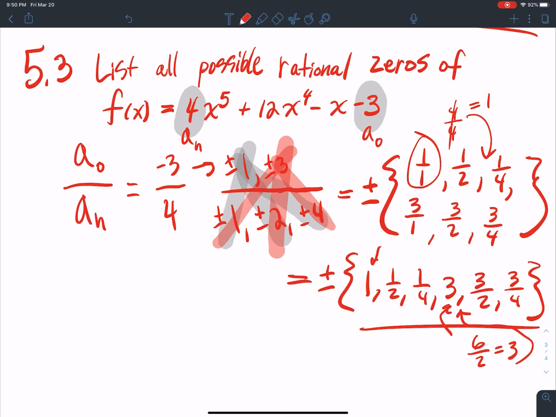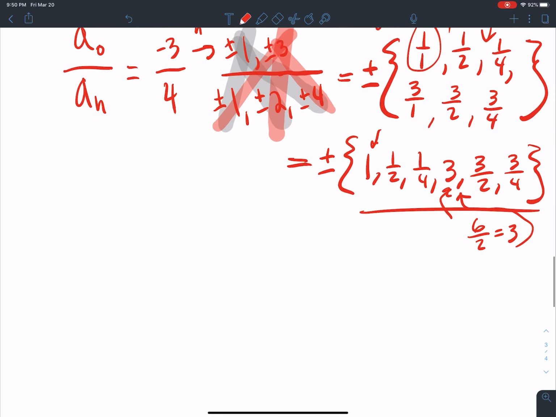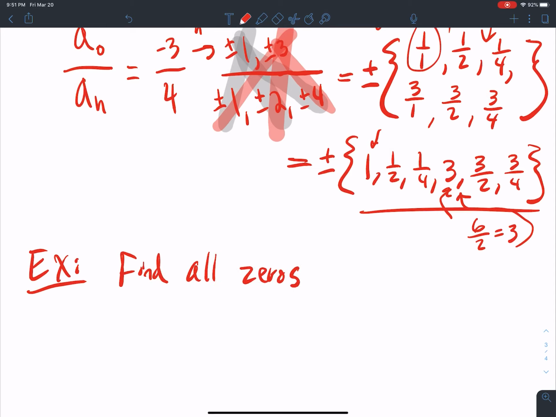Okay, so another type of problem. I want to find all zeros for f of x equals x cubed plus 8x squared plus 11x minus 20.